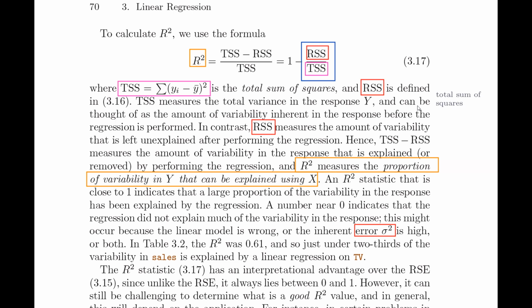So if it's a low R squared, then that's usually driven by two issues. Either the linear model is wrong, you shouldn't be using a linear model to try explaining the why, or else the inherent error sigma squared is high, and you can't change that.